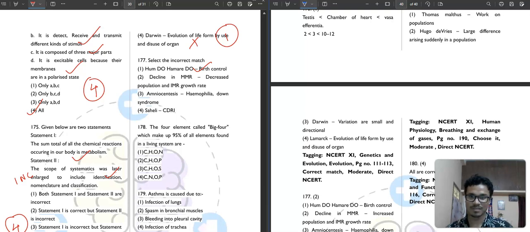Obviously it will decrease. So this is not correct. Then amniocentesis, hemophilia, Down syndrome: genetic or chromosomal disorders can be checked through amniocentesis. So this is correct. Saheli was developed by CDRI, Central Drug Research Institute, Lucknow. This is correct. So the second option is the incorrect match.